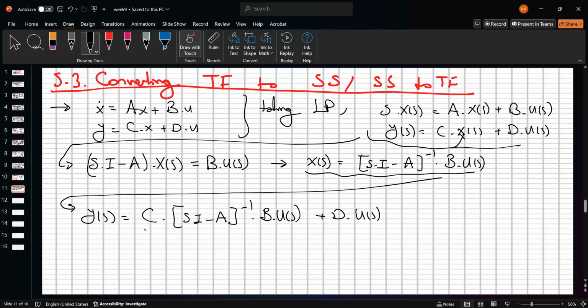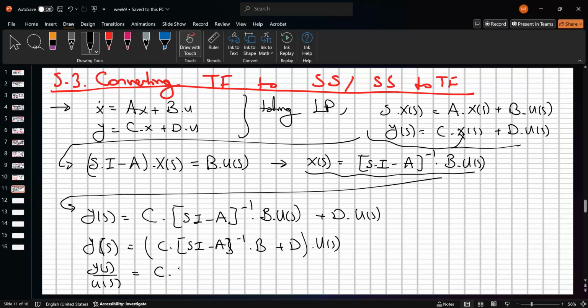And so how can we collect the whole term in here? Y(s) is equal to what? The C (sI minus A) inverse B plus D times U(s), right? And if this is the case, how can we define the Y(s) over U(s) value? This is equal to what?